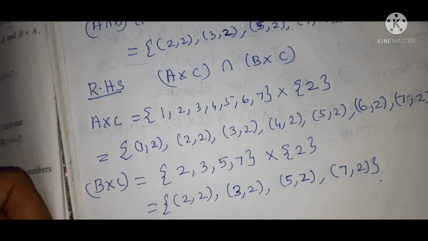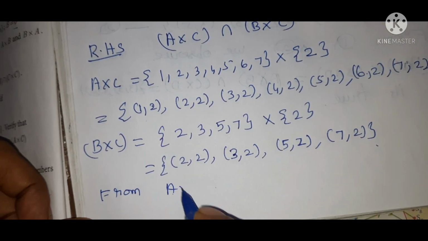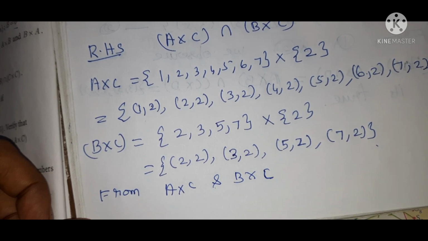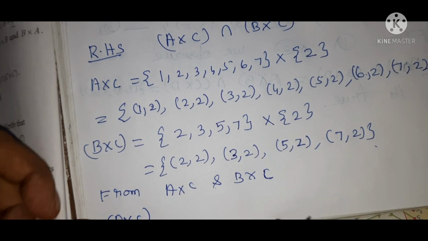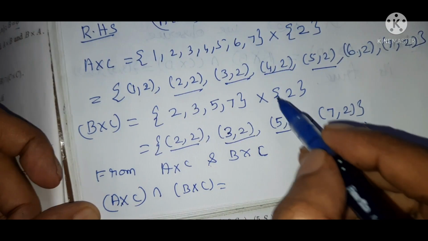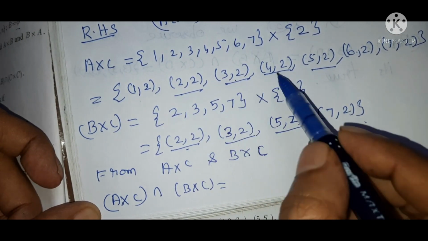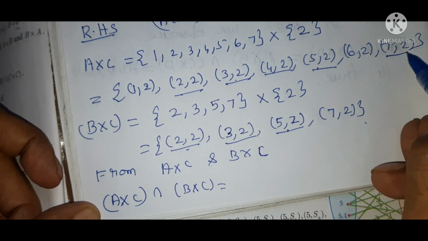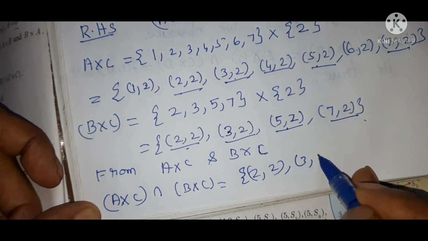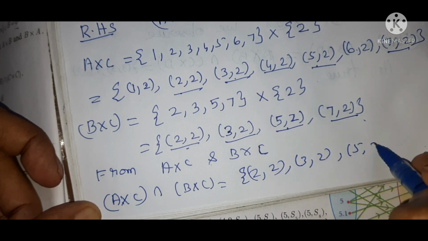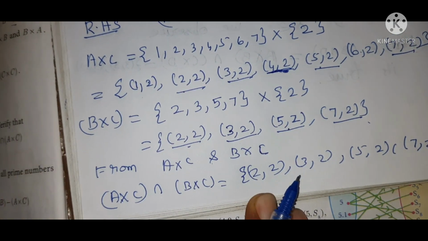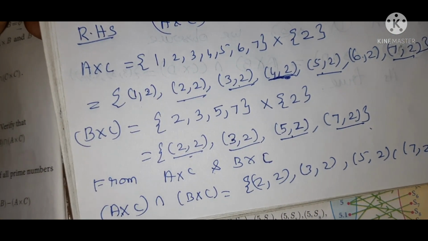From A cross C and B cross C, the intersection A cross C intersection B cross C is (2, 2), (3, 2), (5, 2), (7, 2). This is the right hand side.